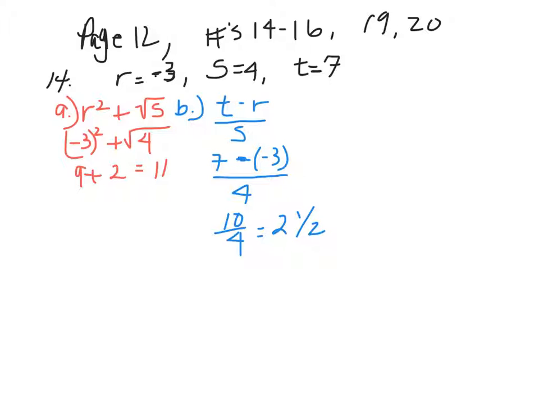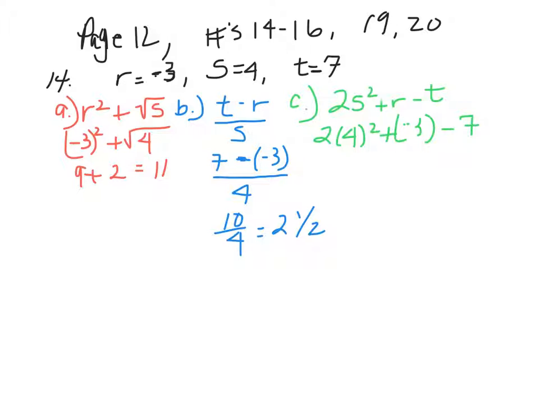Let's try C. C says 2s squared plus r minus t. We're going to plug in these numbers up here. So that would be 2 times 4 squared plus -3 minus 7.